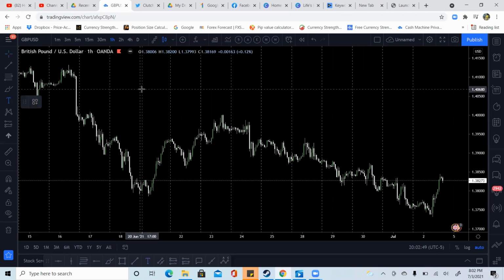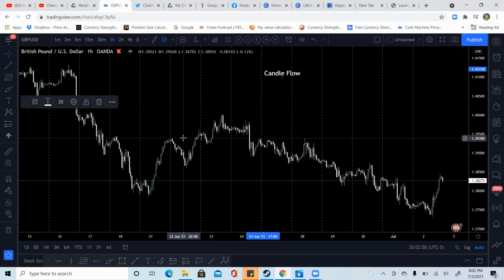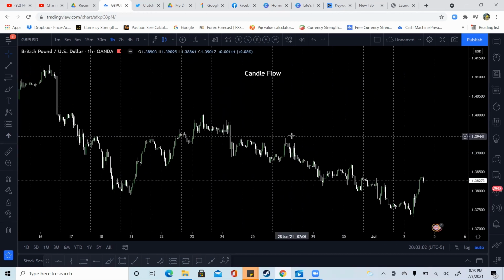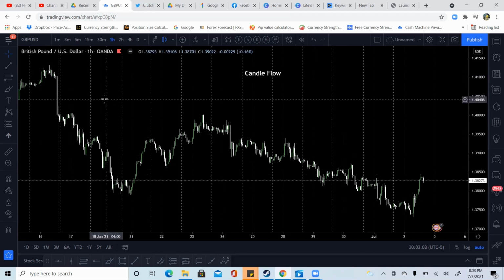So secret number 1 when it comes to price action trading is candle flow. Candle flow just basically means seeing what the candles are doing in the moment. This market here is GBP USD on the 1 hour.